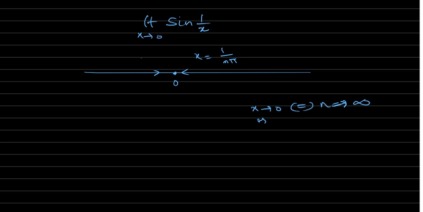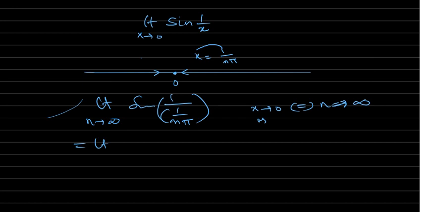So if you approach 0 by this path, by taking x equal to 1 by n pi, then this is the same as limit n approaches infinity of sin of 1 by x, where x is 1 by n pi. So this is equal to limit n approaches infinity of sin of n pi, and sin of n pi is 0, so the limit is 0 in that case.